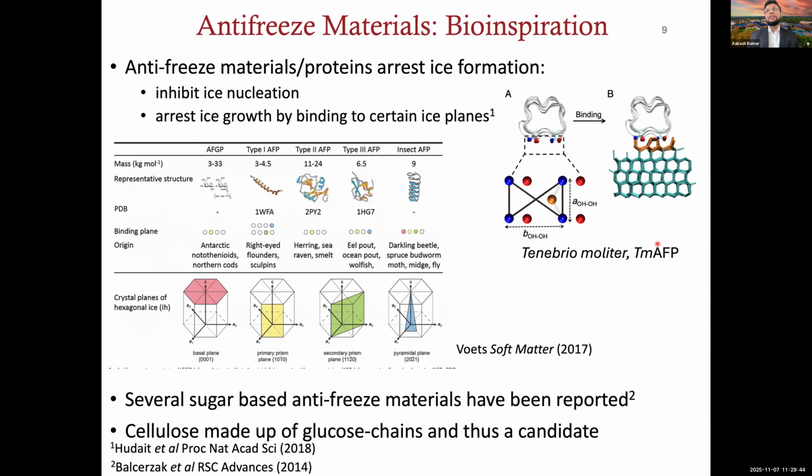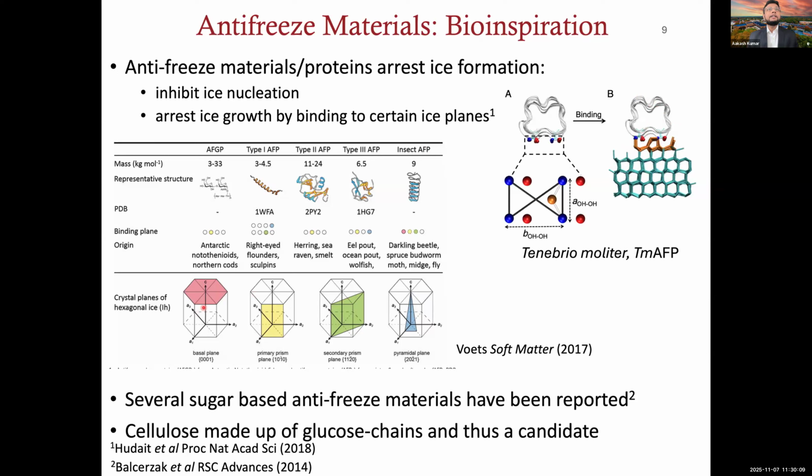They have this antifreeze protein that identifies ice planes and attaches by forming a sort of clathrate-type motif between their ice-binding plane on the protein and the ice, and that retards the ice formation, and they are able to survive extreme cold, right?